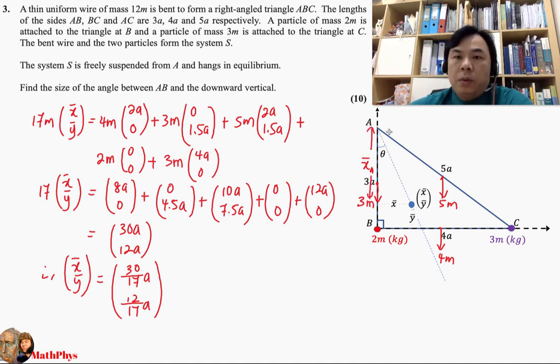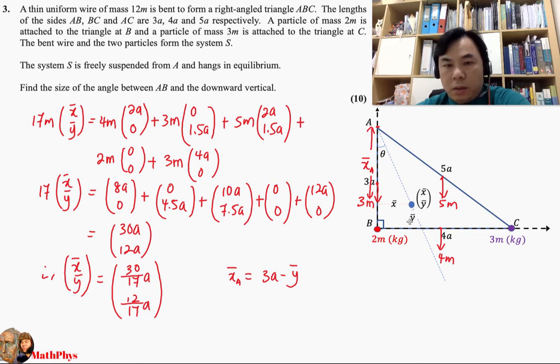If you try to determine how far this center of mass is with respect to this position here, XA can be calculated as 3a subtract off the y bar.